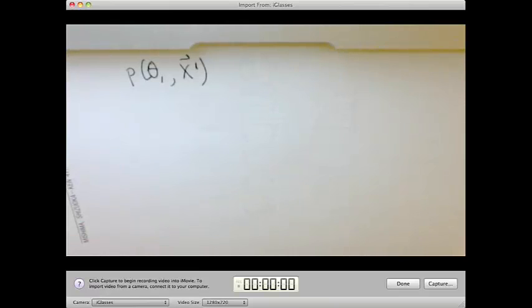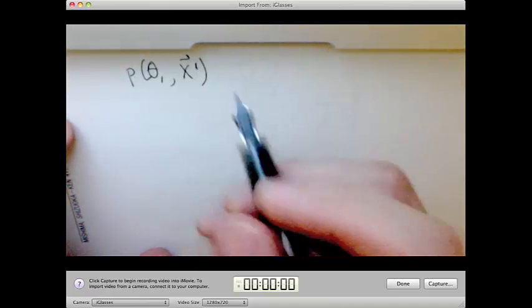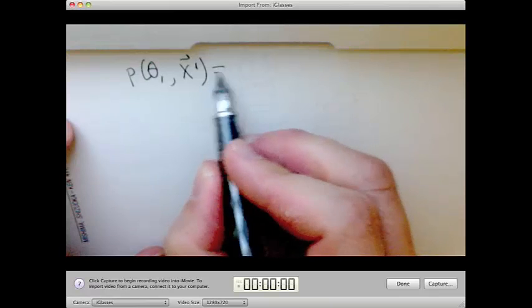What's in the package? What is this the joint probability of? Clearly, it's the joint probability of θ1 and x1. So do we know how to compute that? What would you write as a computation to get that?